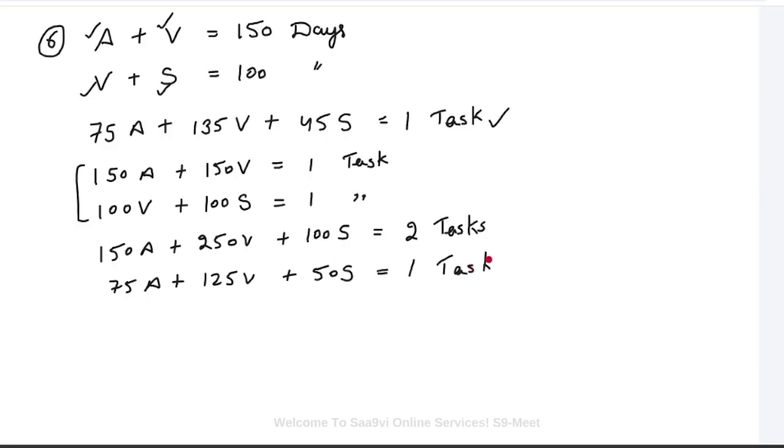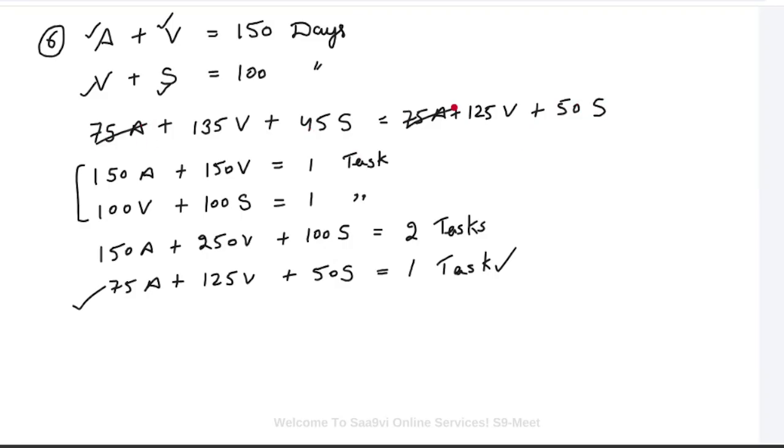Now, this equation and this equation, they both are equivalent to one task, so we can put them equal. That means 75A plus 135V plus 45S is equal to 75A plus 125V plus 50S, because they both are equivalent to one task.